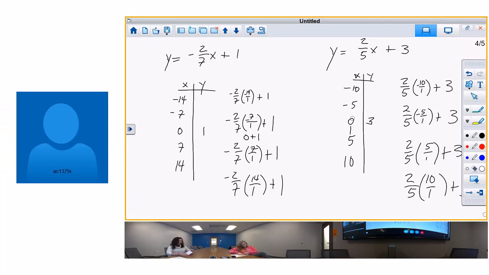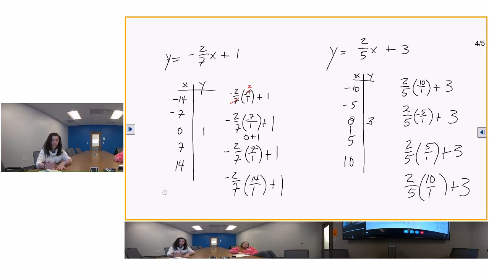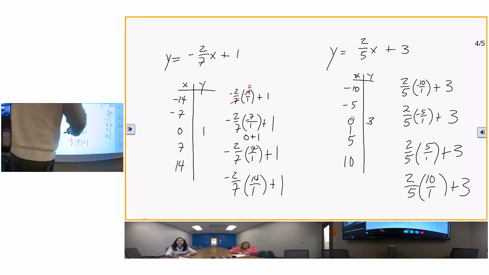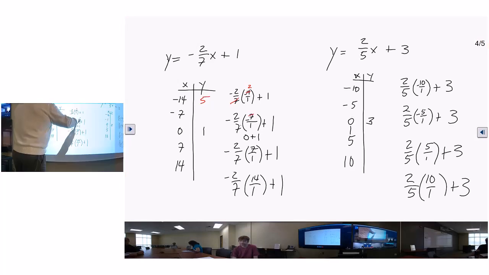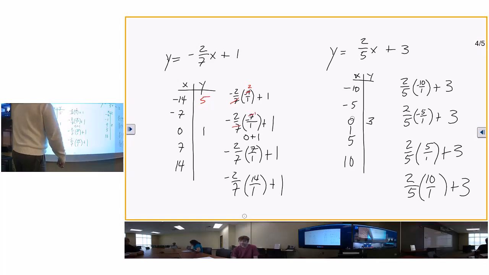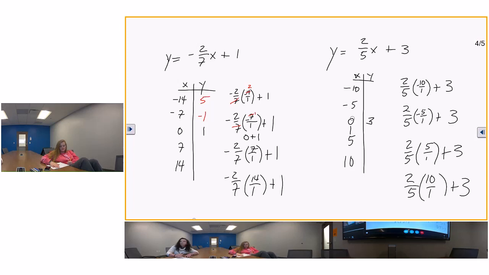And what happens to the 7 and the 14? What's negative 2 times negative 2? 4 plus 1 is? 5. The 7's cancel. What's negative 2 times negative 1? Negative 2. Negative 2 plus 1? Negative 1. 0 plus 1? Wait a minute. Let me check something right quick.